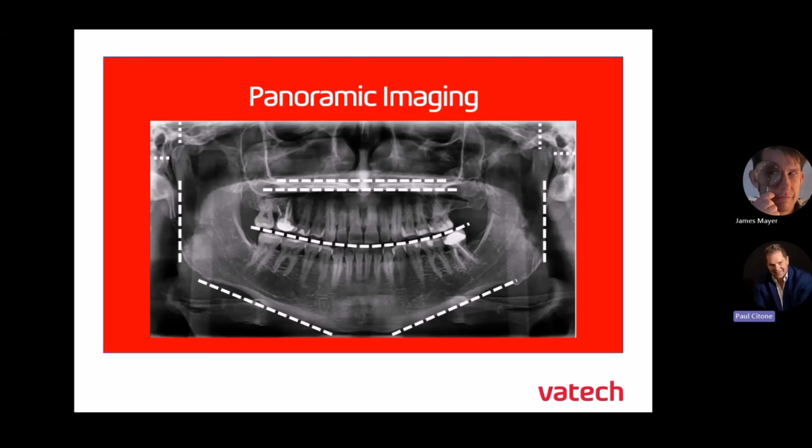The palate is nice and flat up there, designated by those white double-digit lines. The condyles are even; one side's not tilted or larger than the other. And the chin is in a slanted position. So that's what we look for when evaluating.